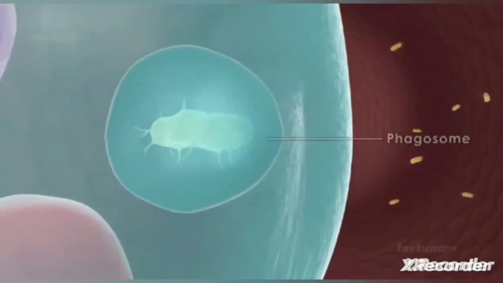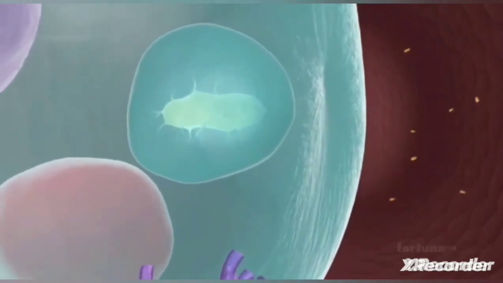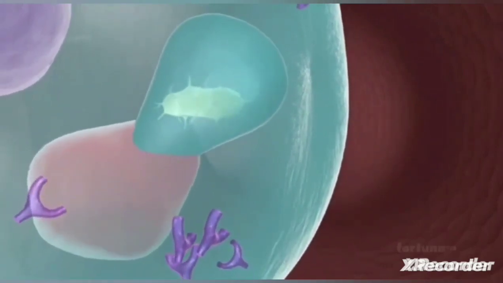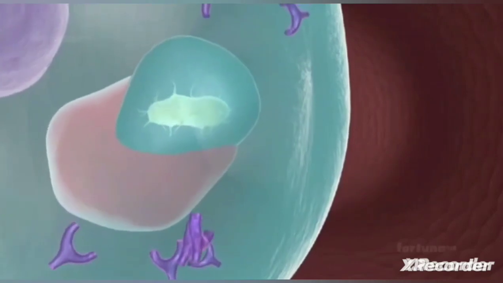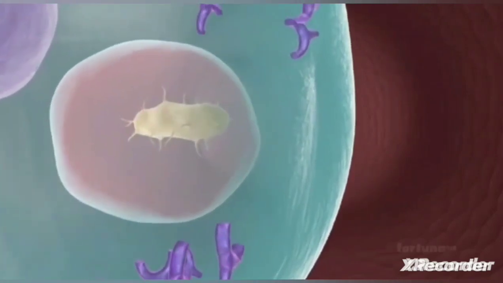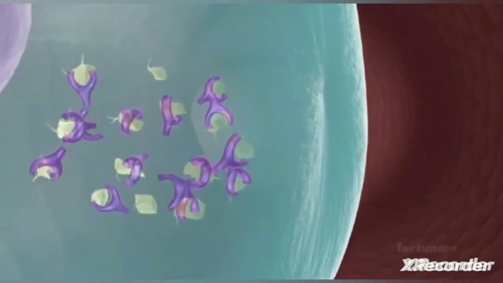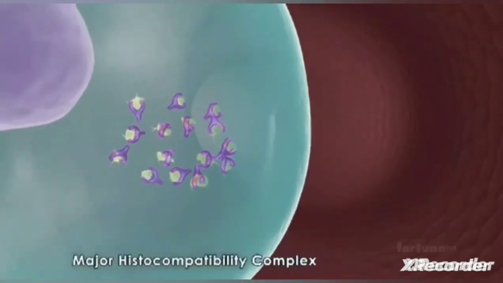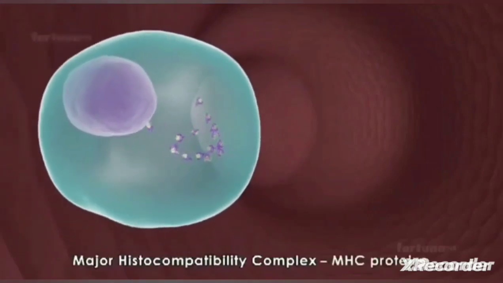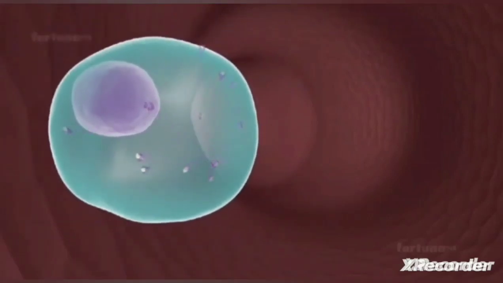Inside the macrophage, a new vesicle forms, called a phagosome, which fuses with a lysosome. Then digestive enzymes break the antigen particle. These antigen fragments combine with class 2 MHC molecules and move to the outer surface of the macrophage.